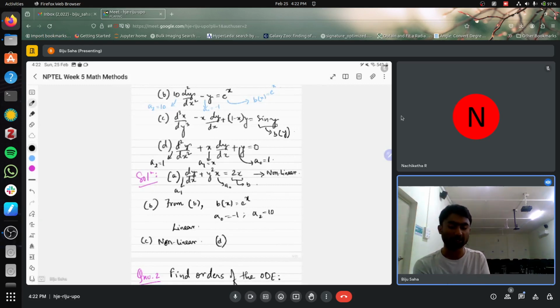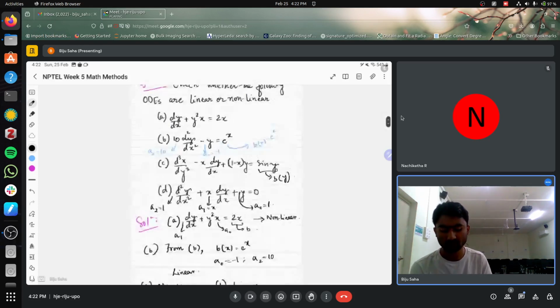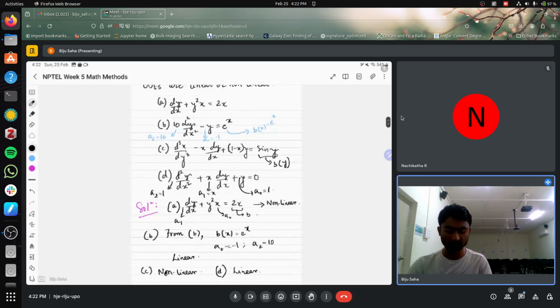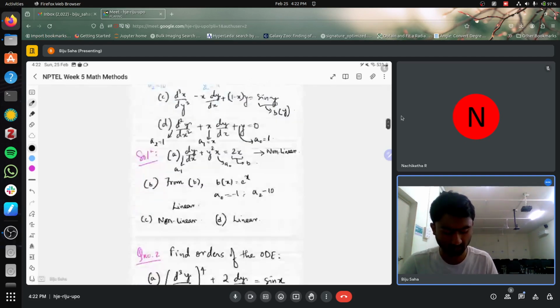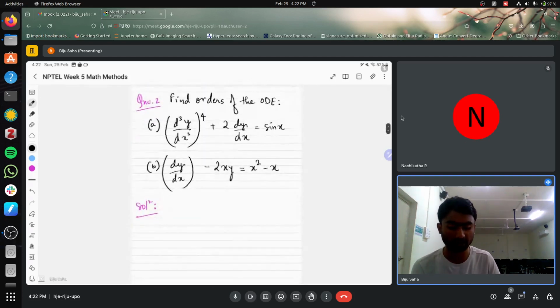So this equation is linear. We had two linear differential equations, which are examples B and D, and two non-linear, which are examples A and C. I hope that part is clear.